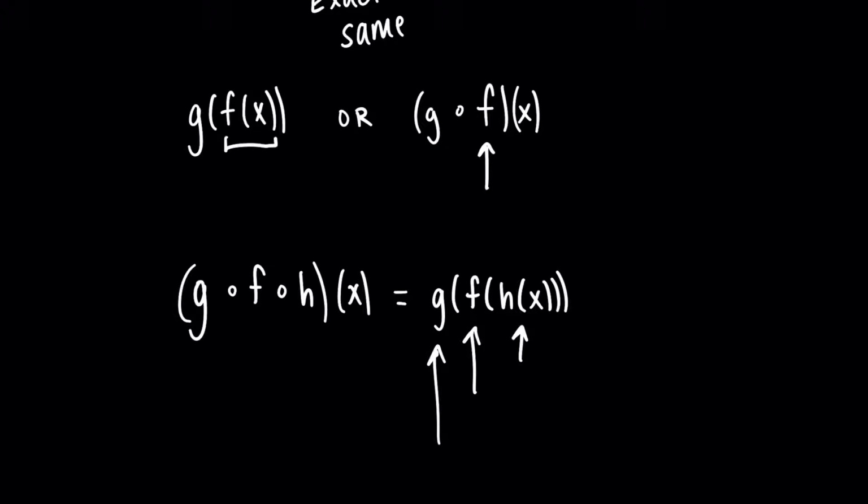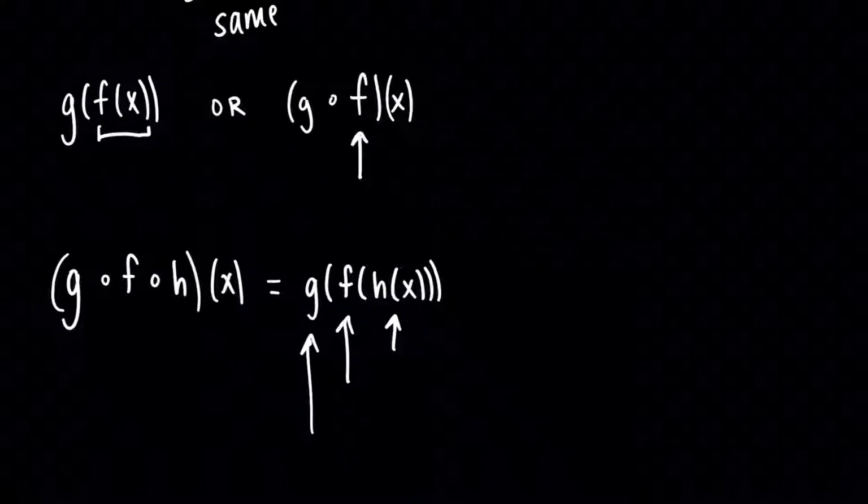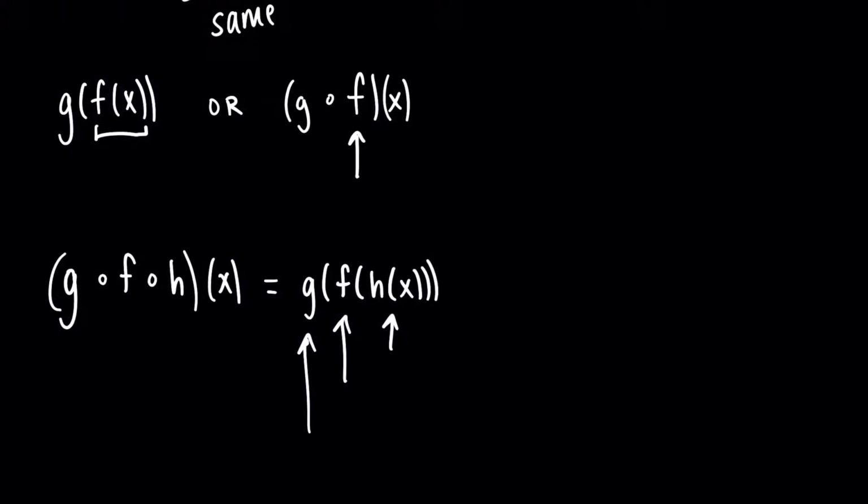And then the last comment I wanted to make is be really careful when you see composition of functions versus multiplying functions. They look very similar. One of them is an open dot and the other one's a closed dot. So if I have f o g of x like this, this right here is composition. This means you're going to do g of x first and then you're going to do f of that.